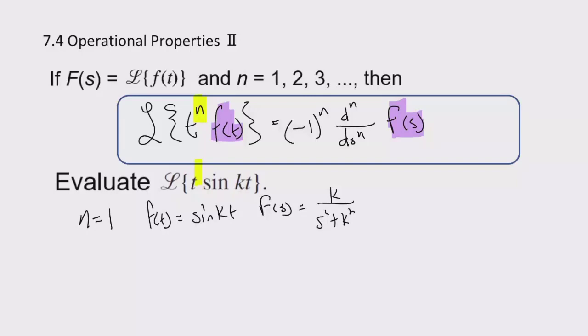So let's put all those pieces together then. So t sine of kt would be negative d ds of k over s squared plus k squared.